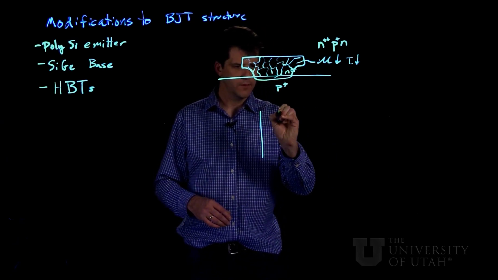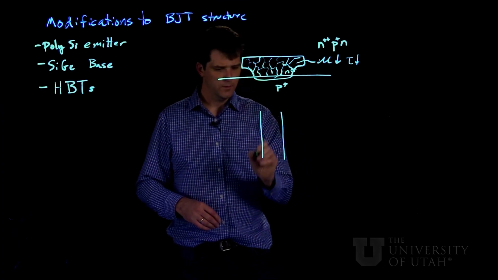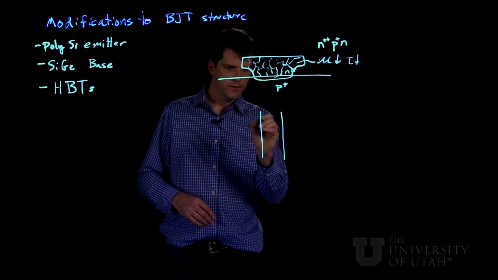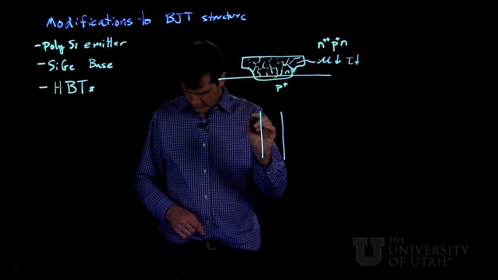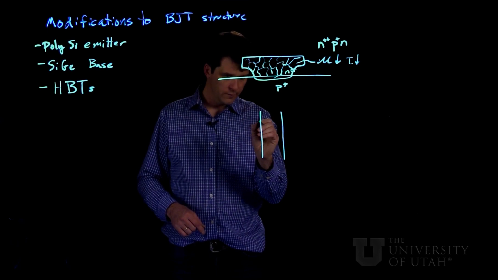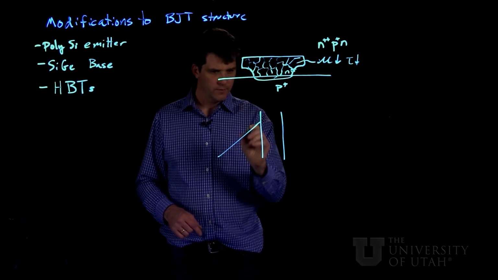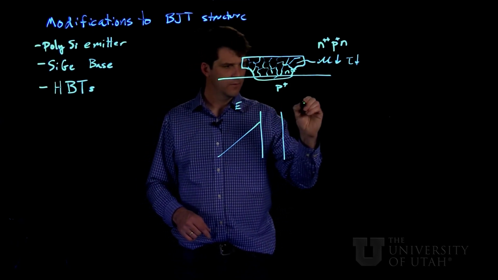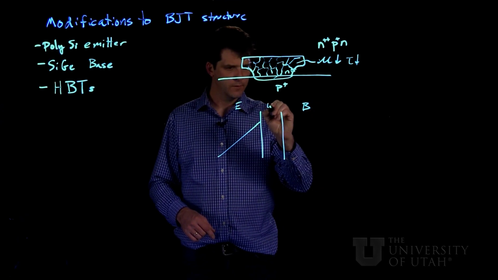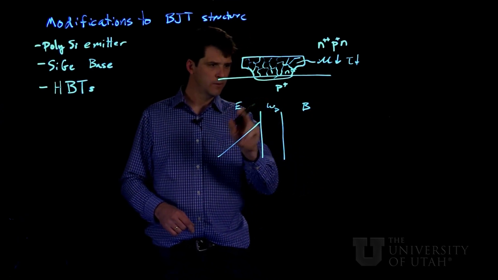So let's look now at the distribution of excess holes in the emitter region. So this is the depletion width between the emitter and the base.